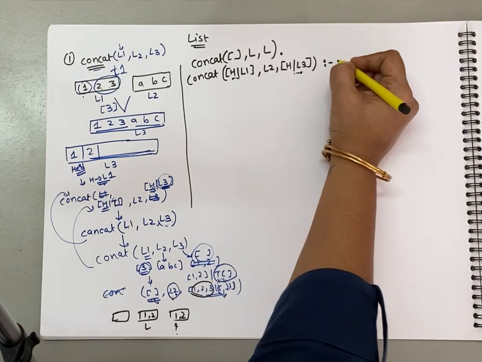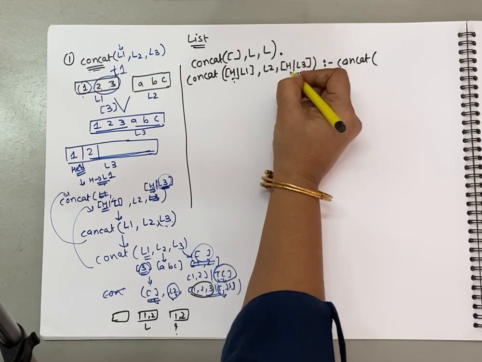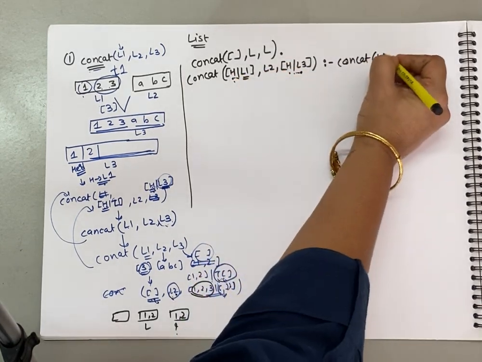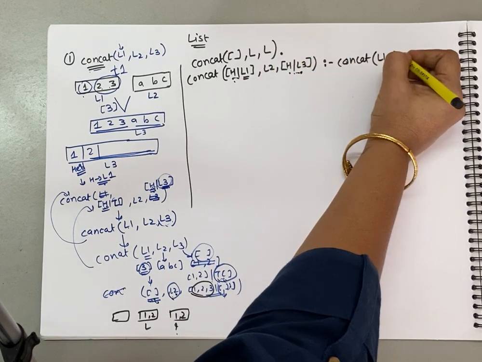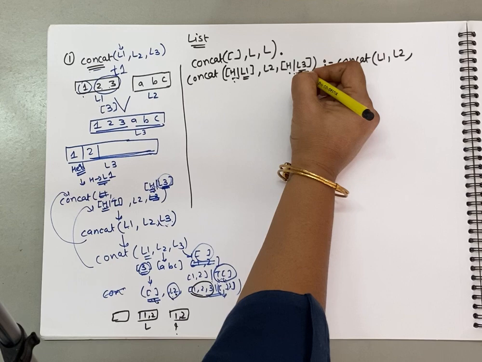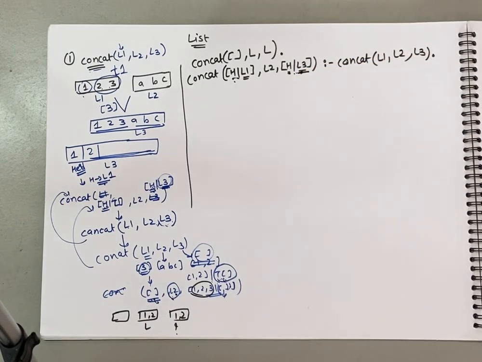So what you are going to do now, concat is going to be called. See, the first element is copied, so next what do you need to pass? The remaining elements, that is L1. L1 will be passed. Now L2 is entirely remaining, so L2 will be passed, and where is it going to be copied next? In L3, because this is fixed. So L3, that's it, simple. We have finished writing the code of concatenation. Are you getting this? So this is how you can write the code for concatenation.